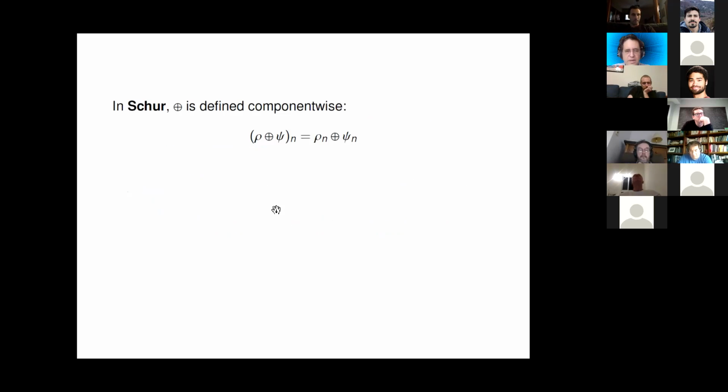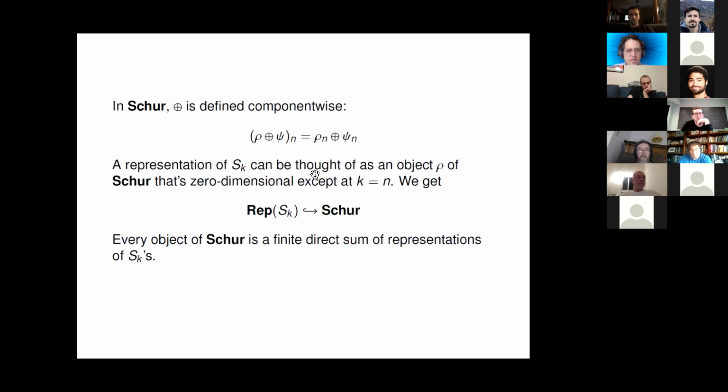And then the way that we define direct sums is just the obvious way. Rho plus psi, its nth representation in the list, is just the direct sum of rho n and psi n. So there are different ways to think about this. You can think of a representation of S_k as an object of Schur that's 0-dimensional except at k equals n.